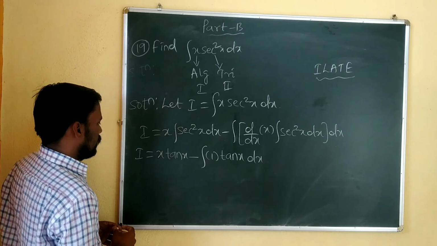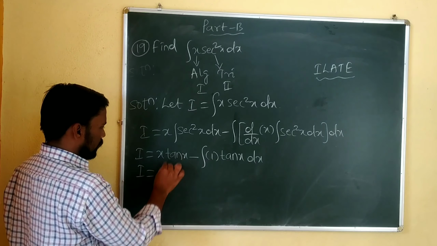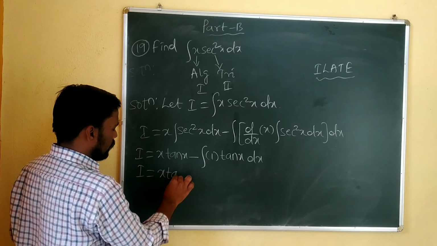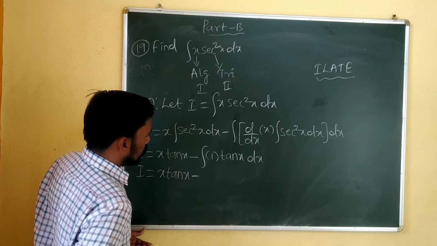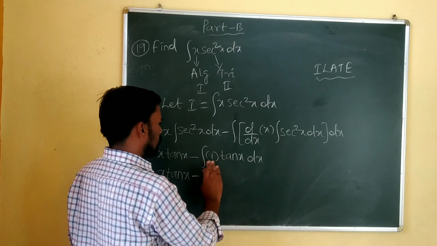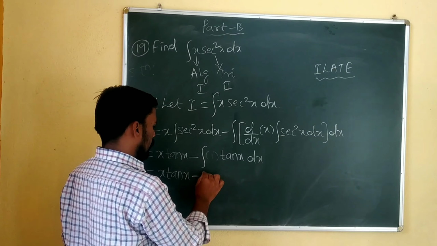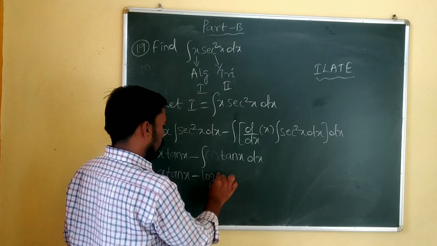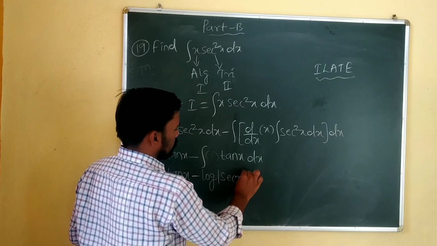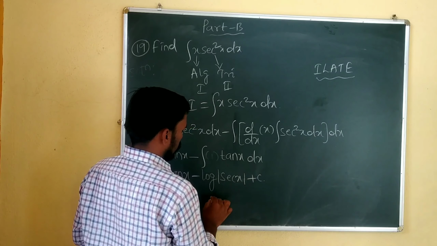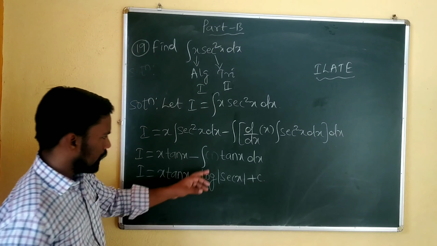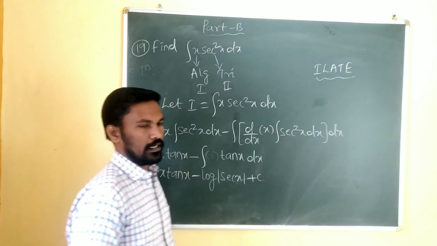Then I is equal to x into tan x minus 1 into tan x, and simply this is tan x only. And the integration of tan x is log of mod of sec x plus c. This formula is important. Integration of tan x is what? Log of mod of sec x.